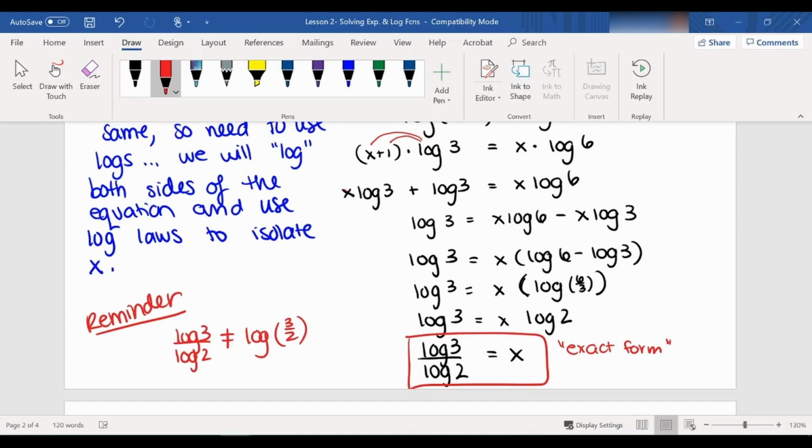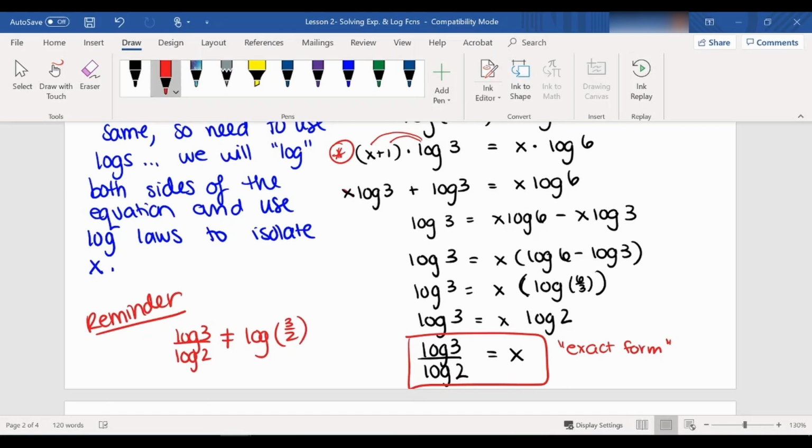You will always need to bring the exponents down. Then likely you're going to have one or both sides where you need to do some sort of expansion, like we did right here. Okay. And then get all the terms with your x on one side and all the terms with no x on the other side and simplify from there.